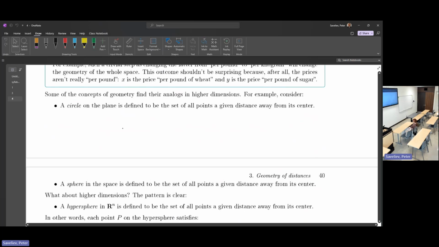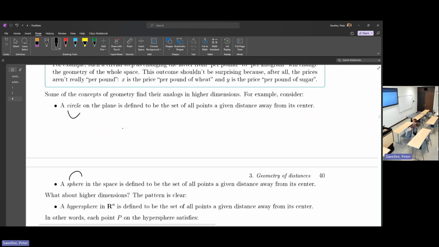Even if you just concentrate on the world that you see, understanding the similarity between the circle and the sphere is quite interesting. What do they have in common? They have all the points, say 1 unit away from the origin. If you're in two-dimensional space, you have a circle. In three-dimensional space, you have a sphere, and then you go on once you write it out in algebra, right?